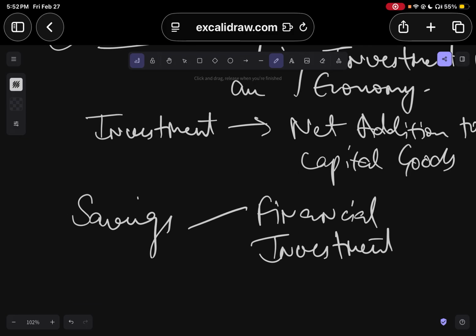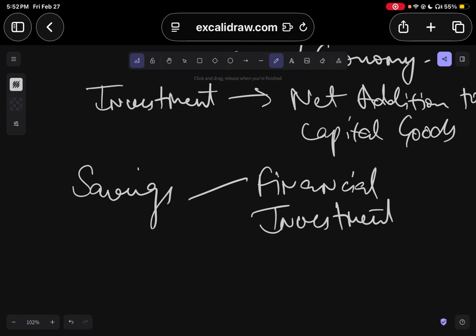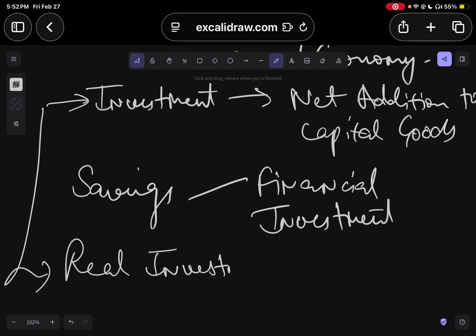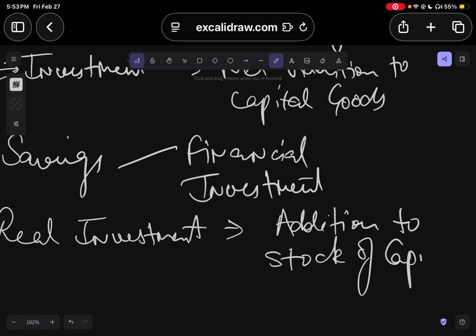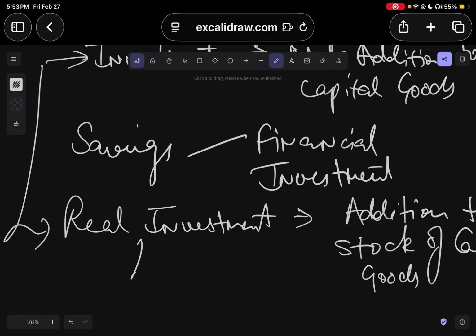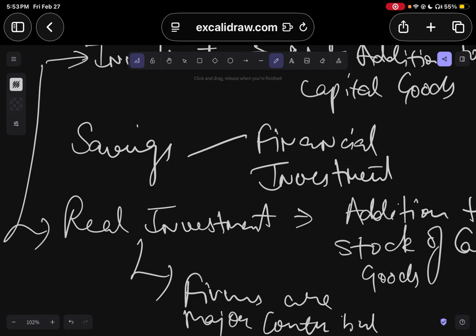Real investment is addition to stock of capital goods. In real investment, firms are major contributors, and in savings, households are major contributors.